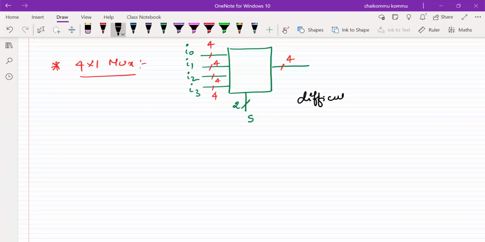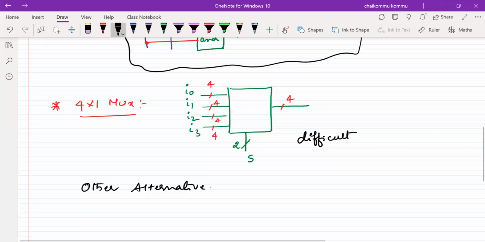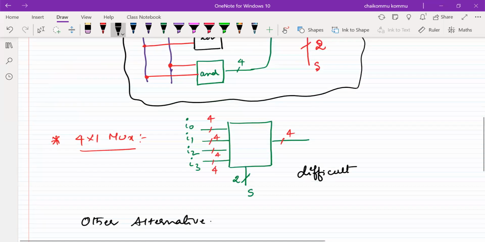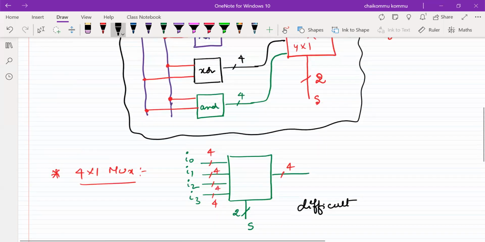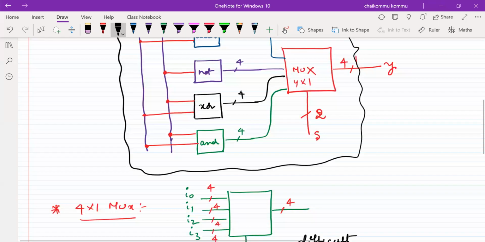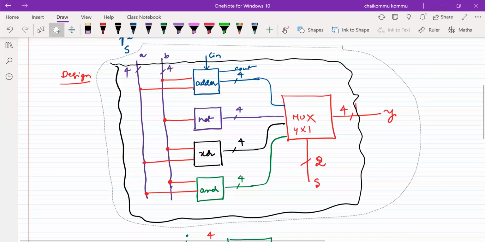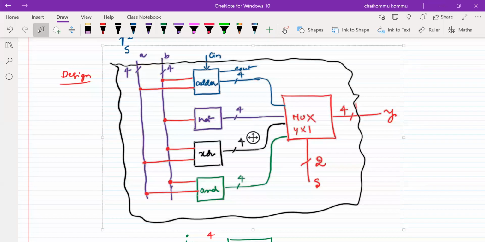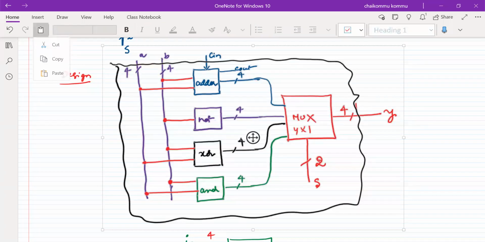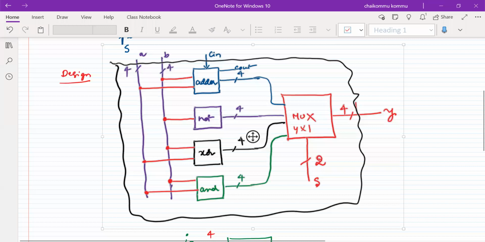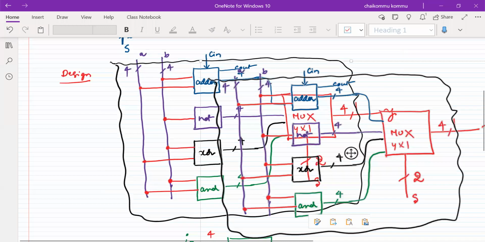So I'm going to consider another alternative. I am finding a difficulty using the 4x1 multiplexer, so I want to modify that in a different way.